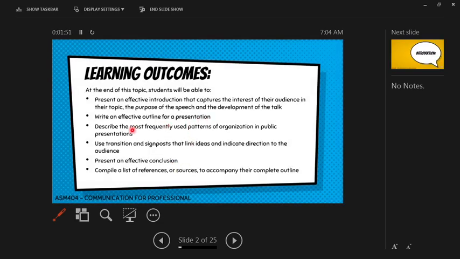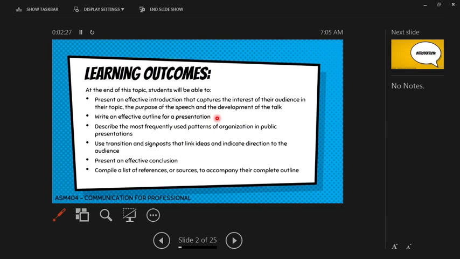Okey, sebelum kita teruskan atau sebelum kita belajar bagaimana kita nak organize kita punya presentation, alright, kita kena tengok dulu apa learning outcomes untuk topik 6 ni, alright. So hopefully at the end of this topic you will be able to capture the interest of the audience. Kita nak tengok macam mana nak capture audience punya attention, and then kita nak tengok macam mana nak buat outline. Kita nak tengok juga patterns yang terlibat dalam presentation, ya, kaedah-kaedah ataupun methods yang terlibat.